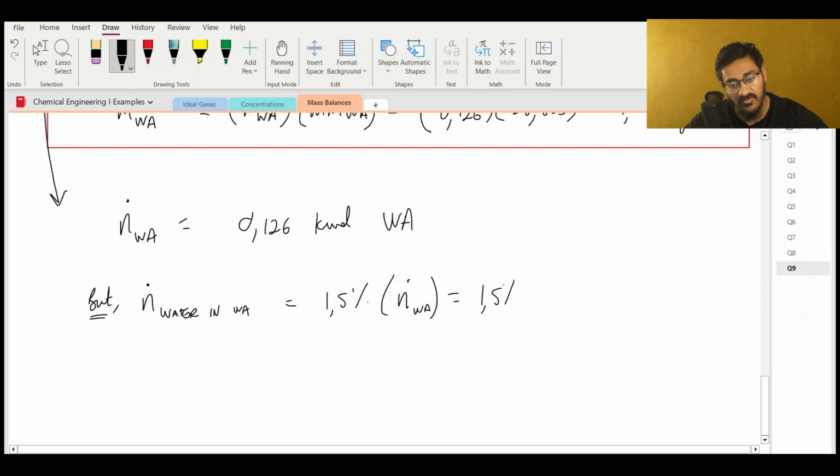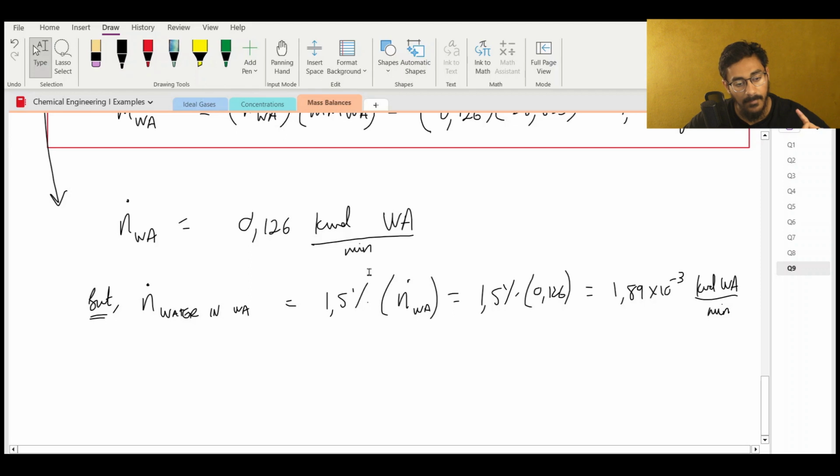So that's 1.5% of 0.126. And now my book makes a bit more sense. It says I have 1.89 times 10 to the minus 3 kilomoles of water. And this is per minute. And this is also kilomoles per minute.